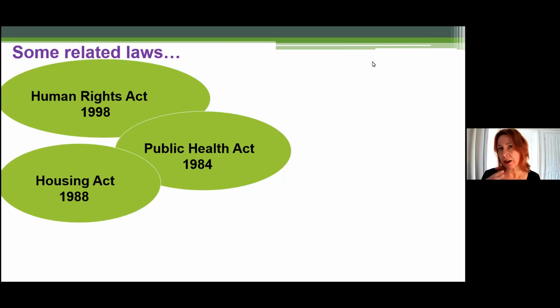So that tells us to back off a bit and not interfere too much. However, it's not an absolute right, and there may be justification to override it. For example, the protection of health, prevention of a crime, protection of the rights and freedoms of others. So in that way, Article 2 can override, it can trump Article 8.